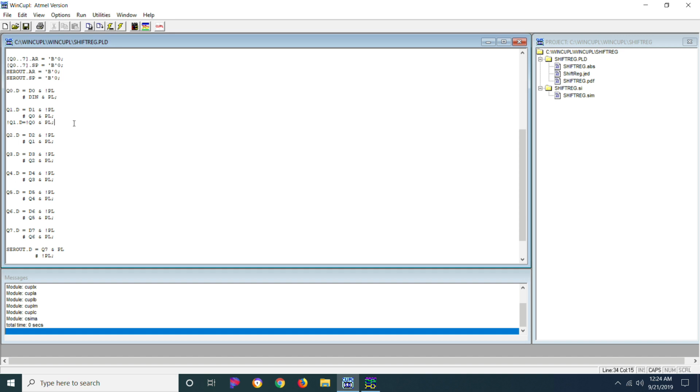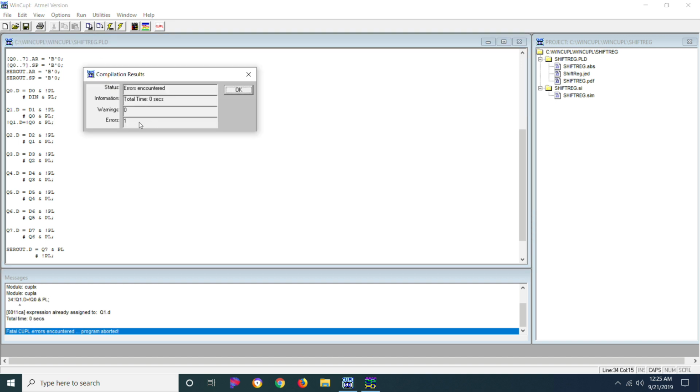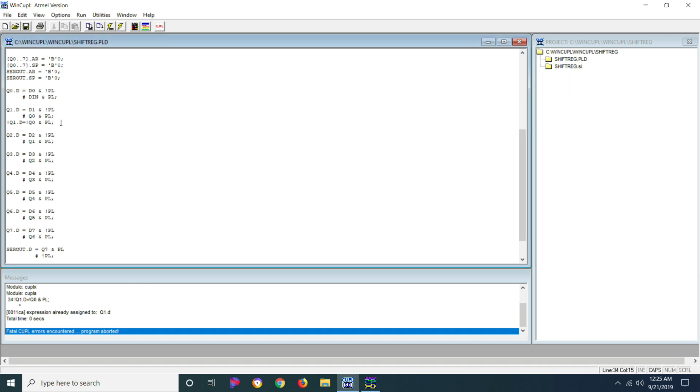If I save this, it's going to shoot me an error. See? And the reason is because that expression has already been defined. You can only assign either a positive output or a negative output. You can't define both. So that's where you have to get creative with your equations.